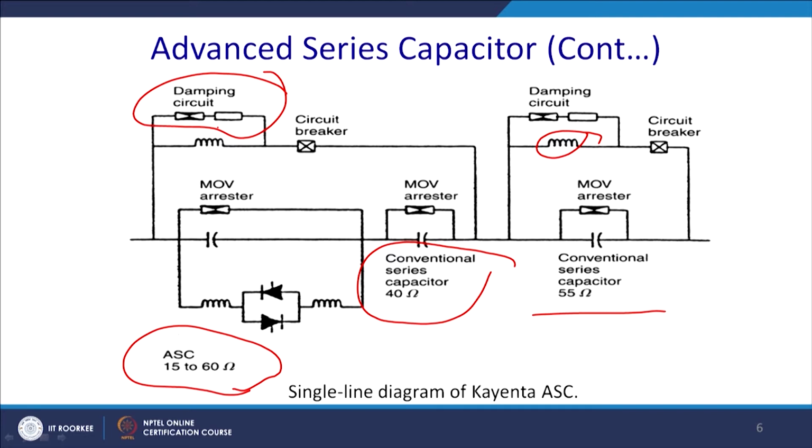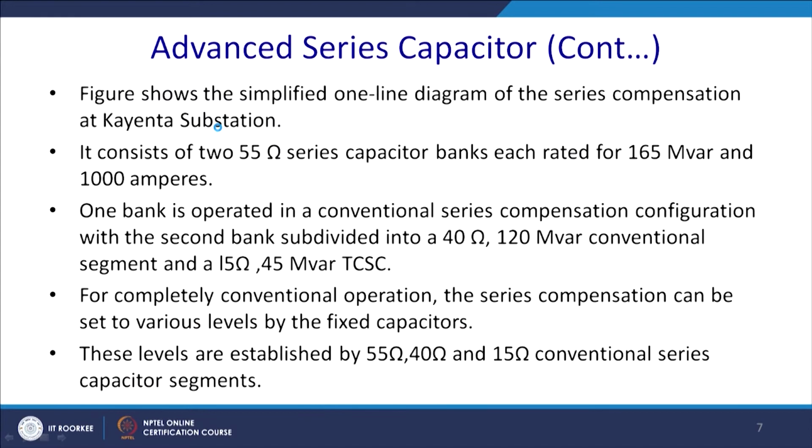This is the single line diagram of this FACTS device. The figure shows a simplified one line diagram of the series compensation in the Kayenta substation. It consists of two 55 ohm series capacitor banks, each rated for 165 MVAr at 1000 ampere.